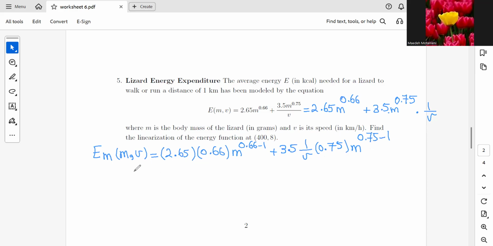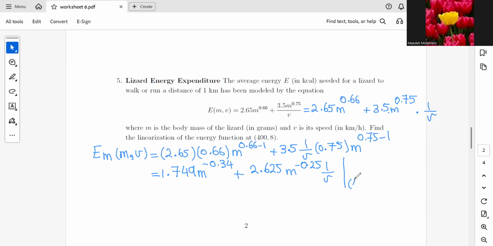Simplifying these gives us 1.749 m to the power negative 0.34 plus 2.625 m to the power negative 0.25, times 1 over v.